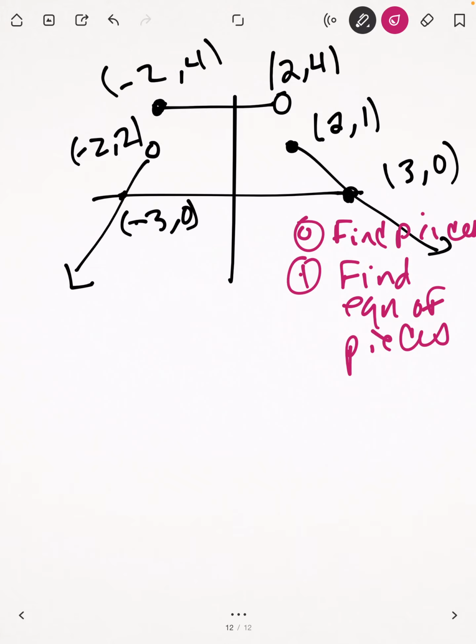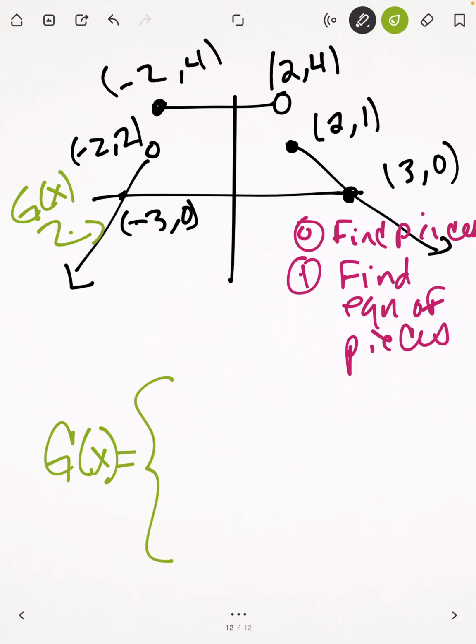So let's say that this function here is big G of x, and that's for all three of these pieces. Well, big G of x then has 3 different pieces. It has a piece when x is less than -2.